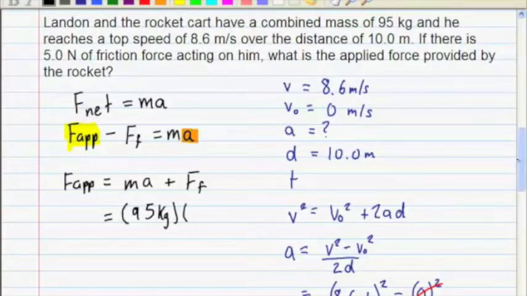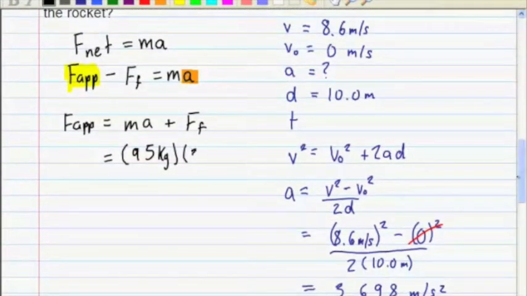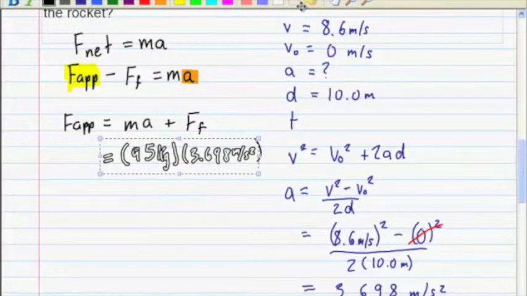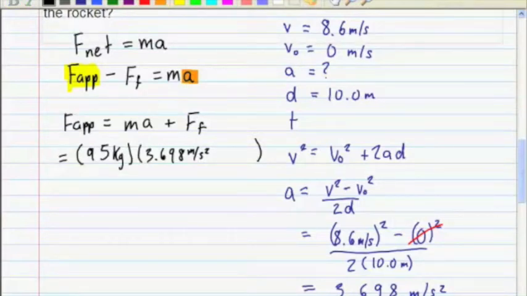His acceleration, which we found down here, 3.698. Plus our force of friction, which is 5 newtons.